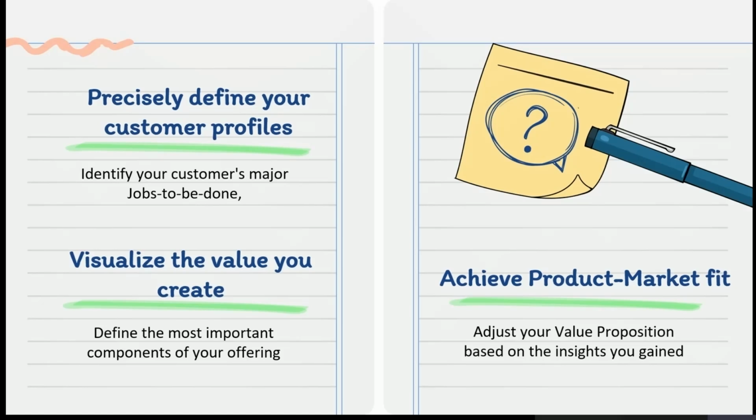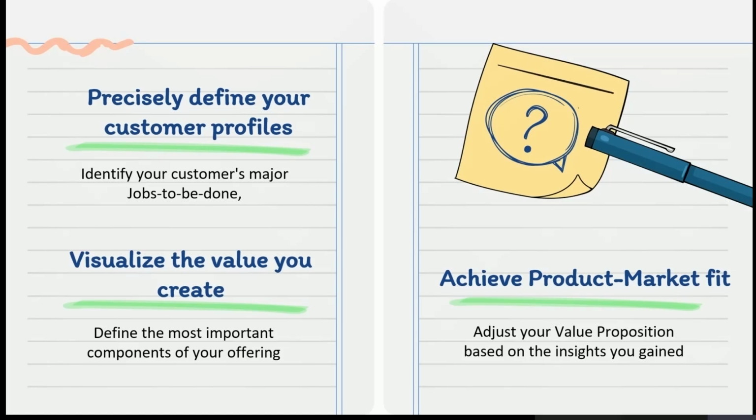With the value map, you can describe how you create value for the customer. And when you have a customer profile and a value map, you can achieve the fit, which is when one meets the other, between the customer profile and the value map. Don't worry, I will share with you some graphs and all this stuff on how we can link the two sides, the customer profile and the value map.